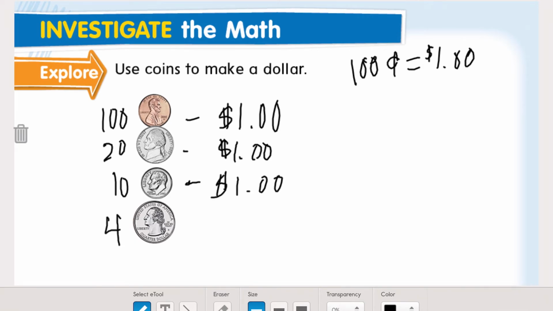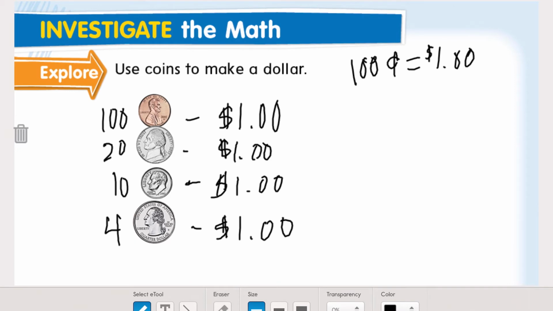And 4 quarters: 25, 50, 75, $1, also equals $1. So would you rather have 100 pennies, 20 nickels, 10 dimes, or 4 quarters? Now, no matter what, you're going to have $1, right? All of those equal 100 cents, which are going to equal $1.